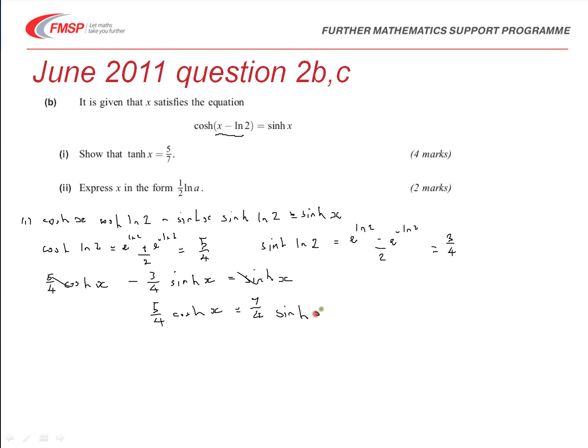Now the answer we were trying to get was for tanh x. Well, we know that tanh is sinh divided by cosh, so if we divide both sides by cosh, that will give us tanh x, and if we divide both sides by 7, because the 4's will cancel, that will give us 5 over 7 equals tanh x as required.